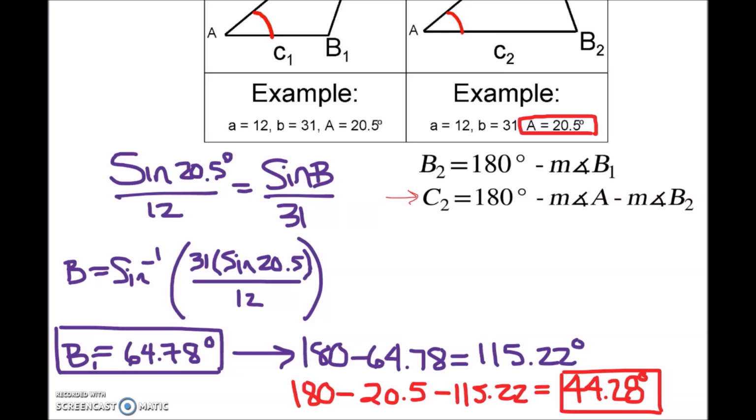So I can get another triangle that has the angles 115.22, 20.5, and 44.28 degrees. And then I would go on to solve for my remaining sides, side C, using the law of sines like I've been doing this whole time.